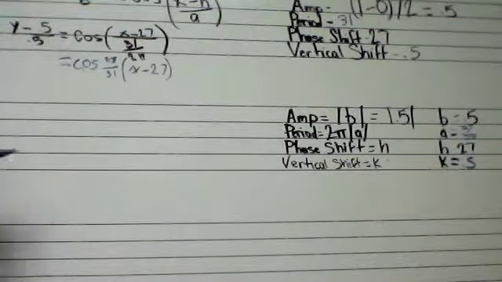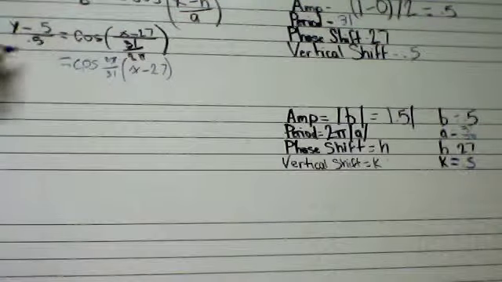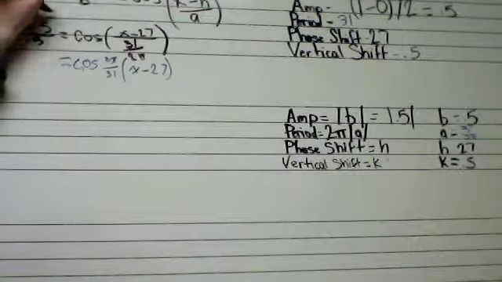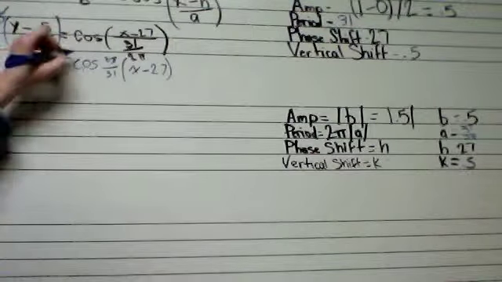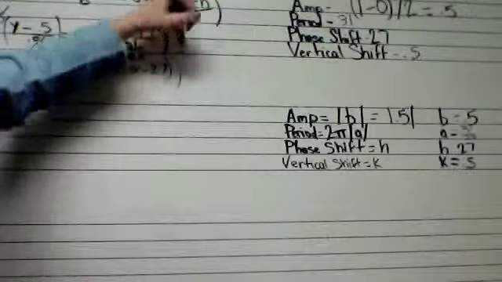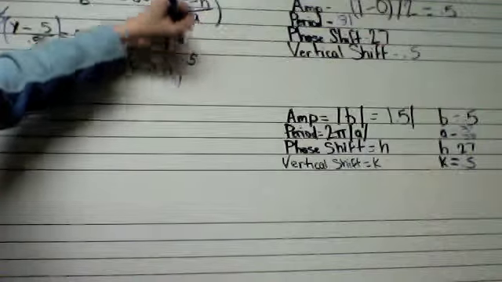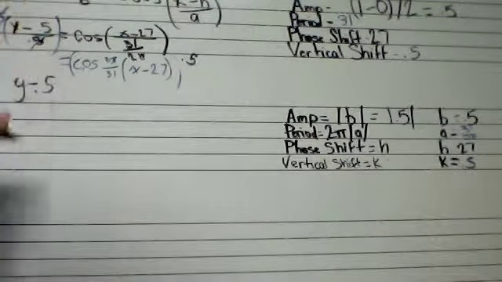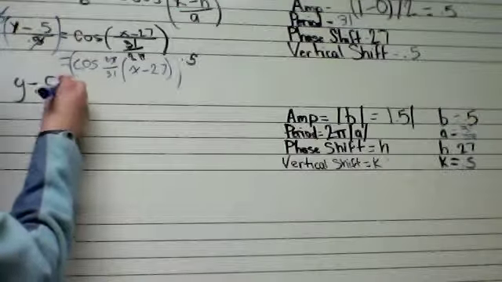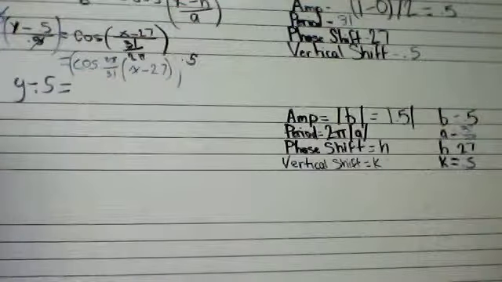And now we're trying to get y all by itself. So you multiply this side times 0.5. The 5's cancel. And multiply this side times 0.5. So y minus 0.5 equals all of this times 0.5.